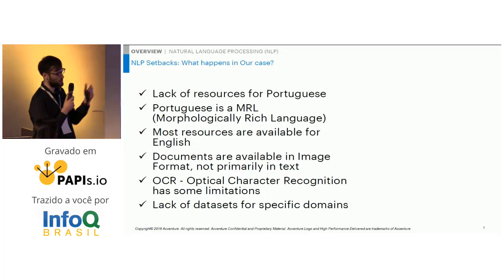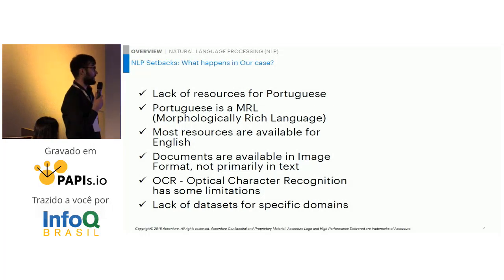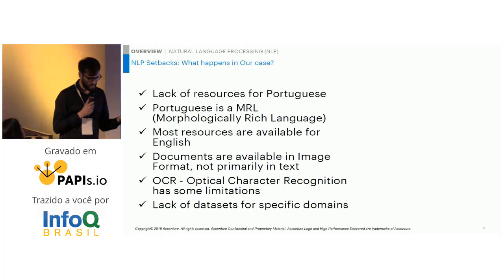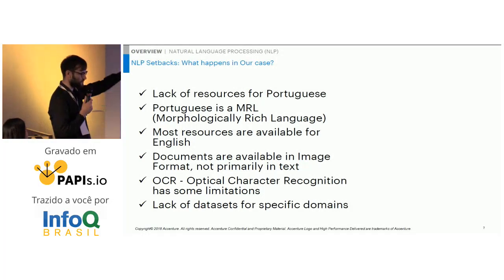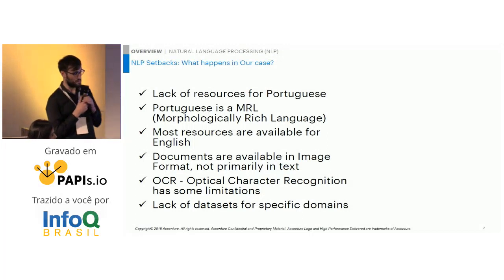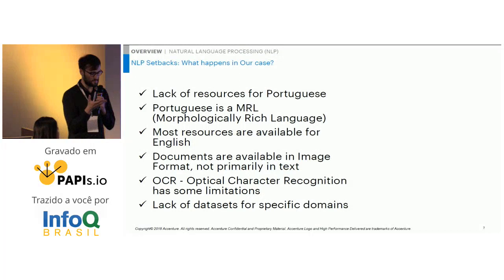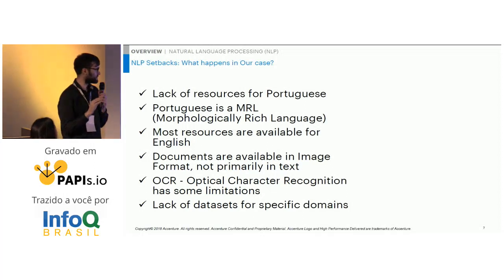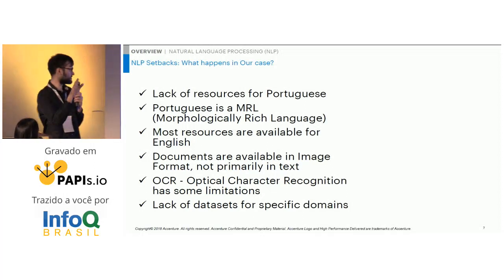You have to use other techniques to deal with that, like OCR. And when you try to classify something in academia, you have a very well-defined data set and it works very well and everything is beautiful. But when you apply that, you're going to have problems because the domains are different. So you need to try to create this data set, to transfer some knowledge from a specific domain to another.